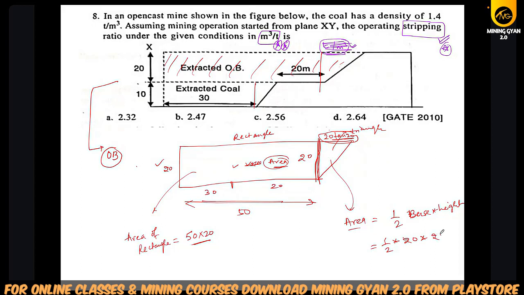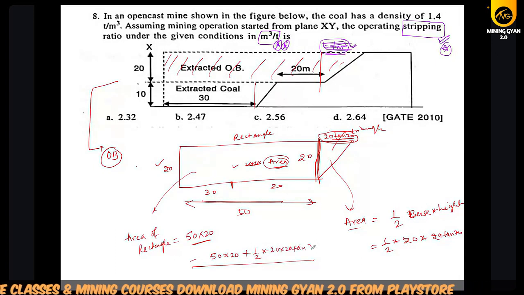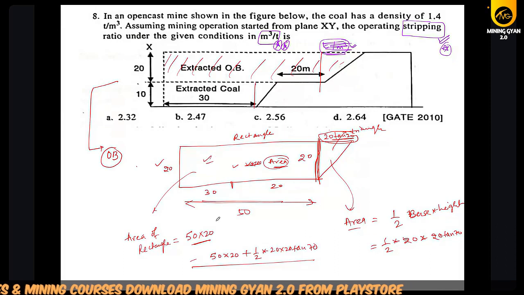So the base will be 20 plus 10, which is 70. So it will be 50 into 20 plus 1 by 2 multiplied by 20 into 20 plus 10, 70. It will be the area of OB.